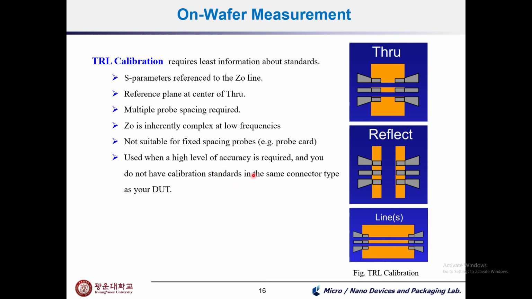This method is more accurate, however, we cannot use it if we do not have the calibration standard in the same connector type as our device under test. And this method is not much suitable for fixed probe spacing, such as in probe cards.